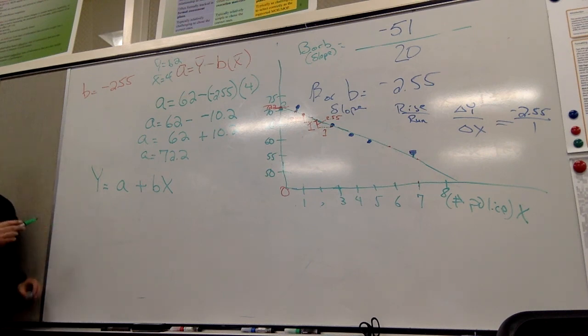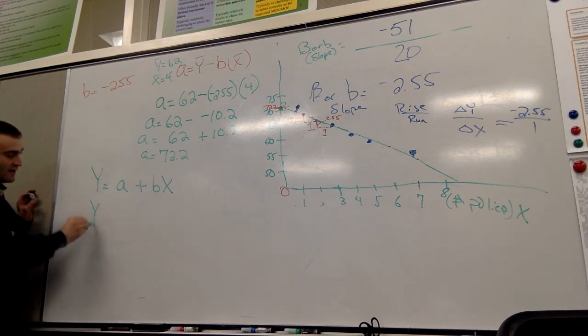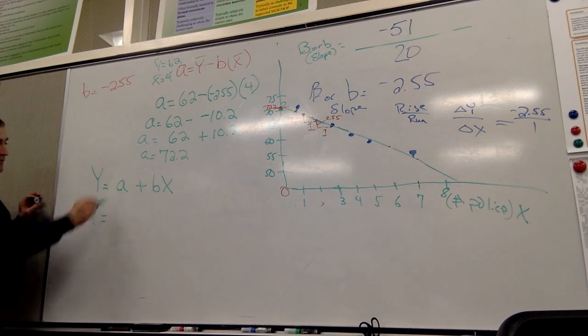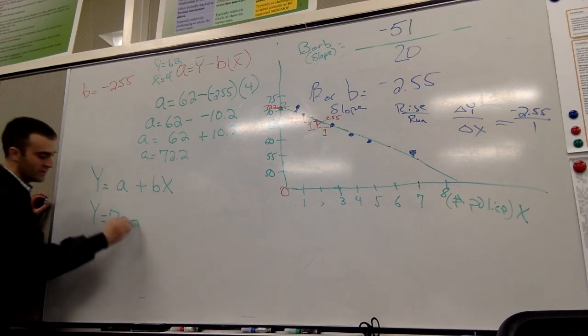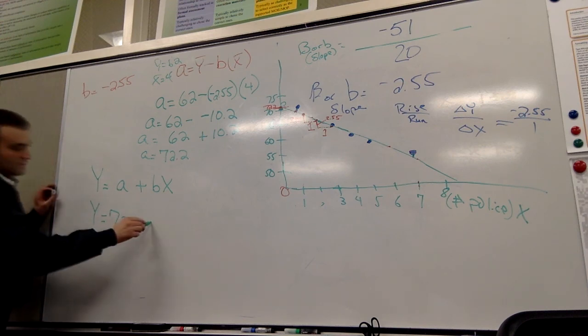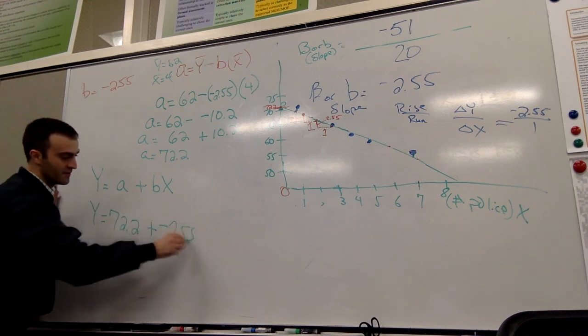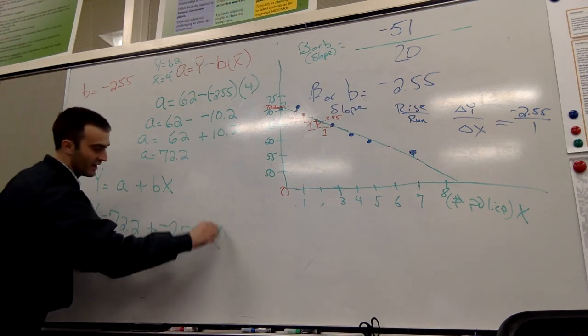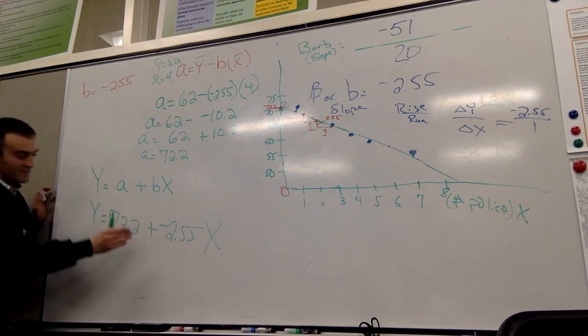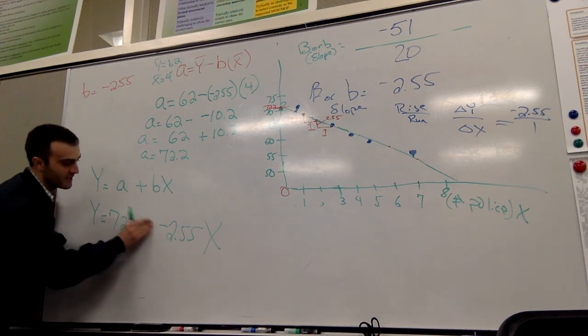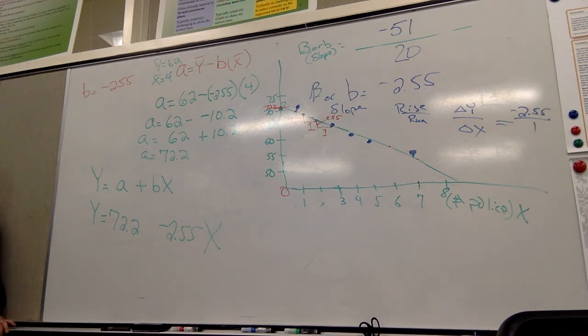So the equation of this line is y equals our alpha, 72.2, plus our beta, which is a negative 2.55 x. And plus a negative, you can just get rid of that plus sign. So this line's equation is 72.2 minus 2.55x.